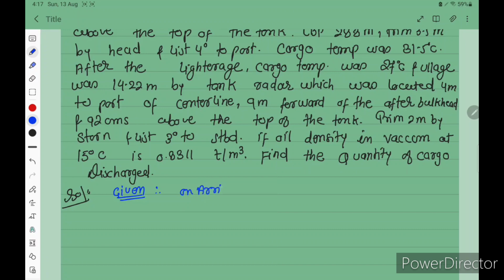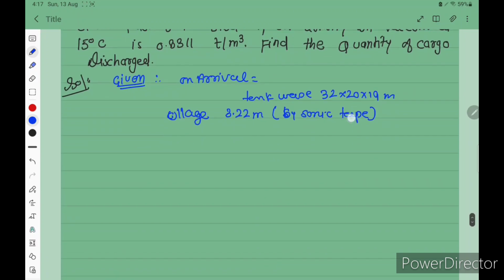On arrival, tank was 32 into 20 into 19, ullage 3.22 meter by sonic tape. This is also very helpful for you when you are solving the numericals.